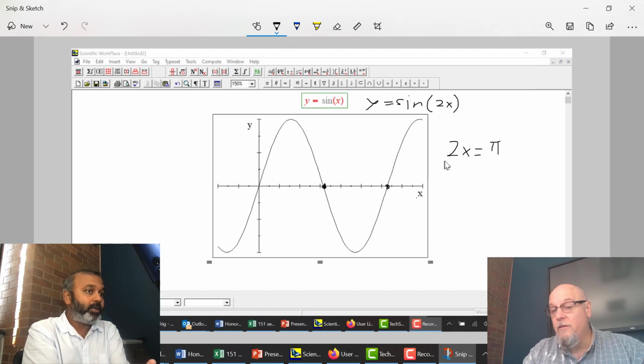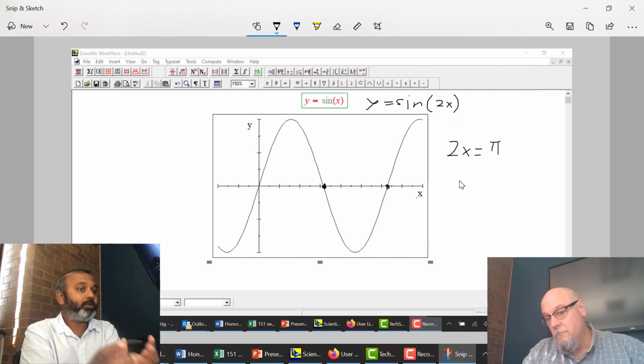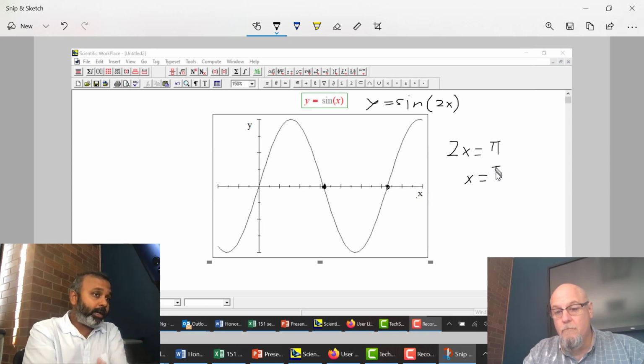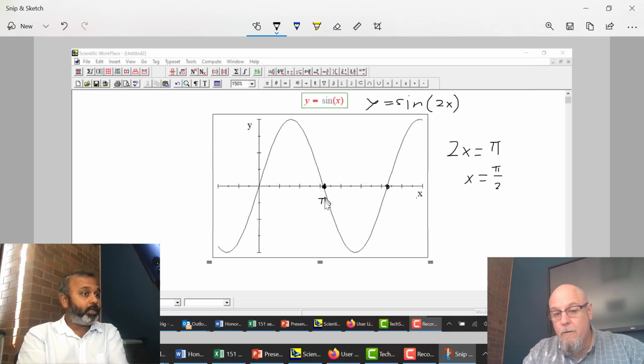Now we're taking the sine of 2x to be pi, so I get sine pi to be 0. So from there I get x is equal to pi over 2. That point for the new graph is going to be pi over 2. By symmetry, this is pi over 2, so that must make this pi.